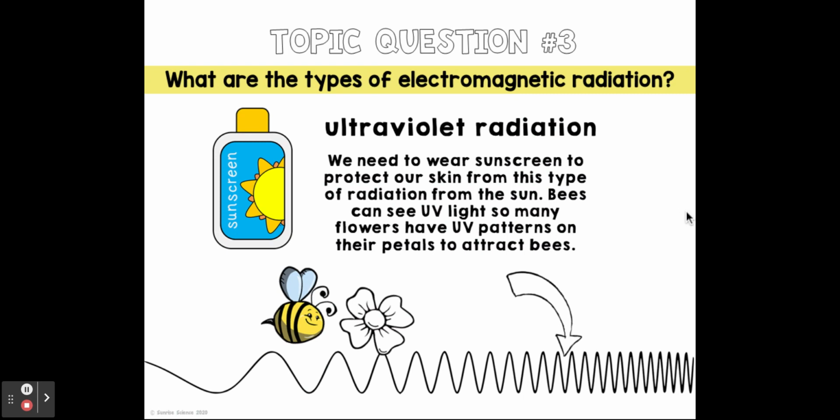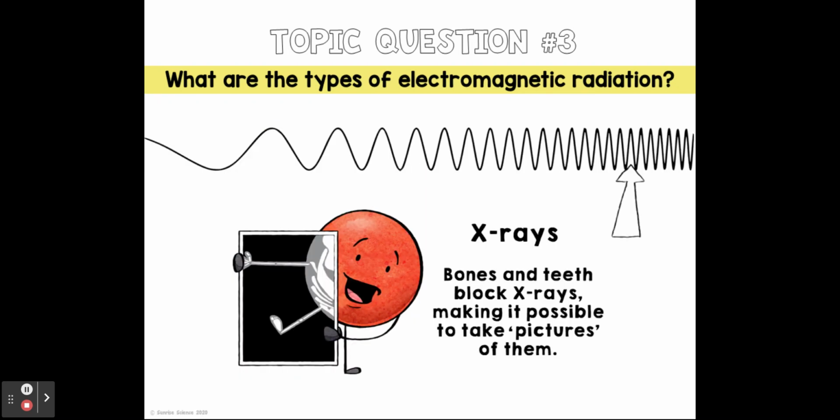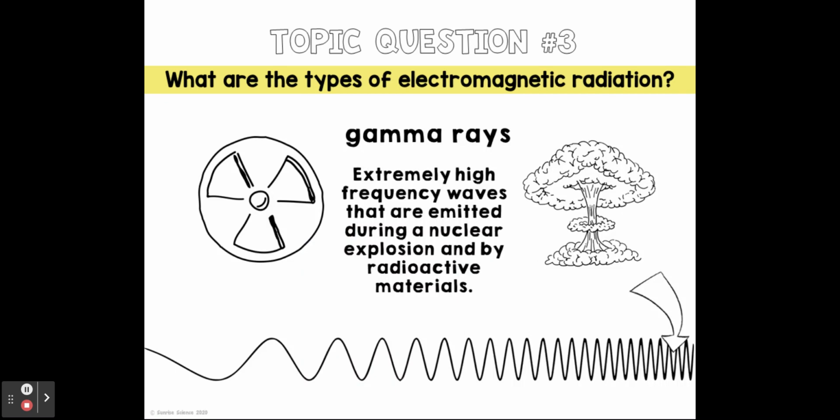Bees can see UV light, so many flowers have UV patterns on their petals to attract bees. X-rays: bones and teeth block X-rays, making it possible to take pictures of them. And gamma rays: extremely high frequency waves that are emitted during a nuclear explosion and by radioactive materials.